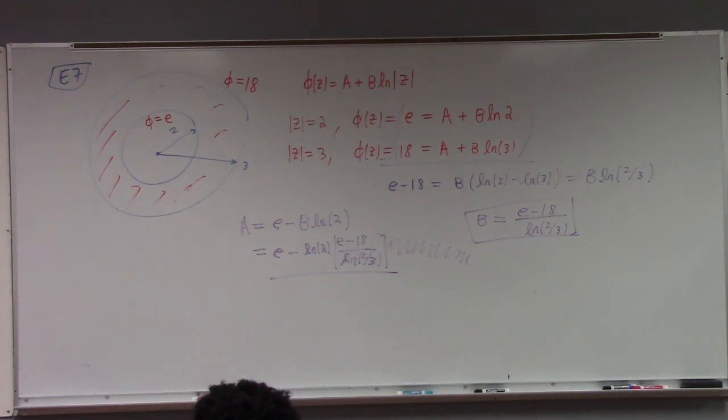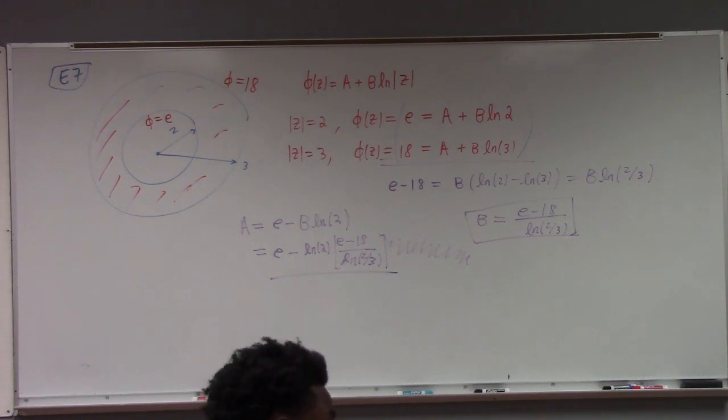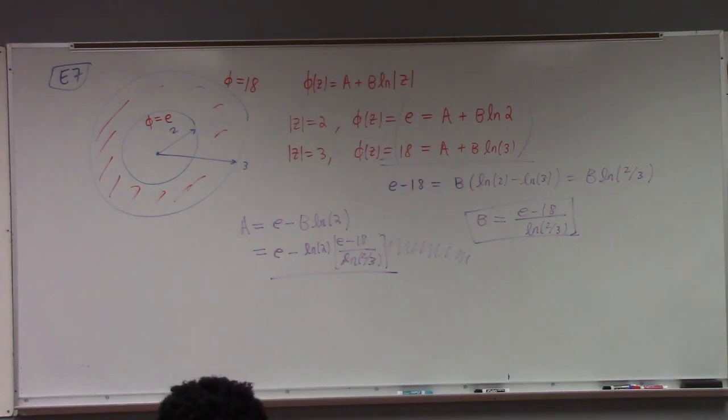For instance, he has this example in the book. I'll just get straight to the point because we're just about out of time: phi of z equals minus 1 over pi arg of z plus 1, plus 1 over pi arg of z minus 1.